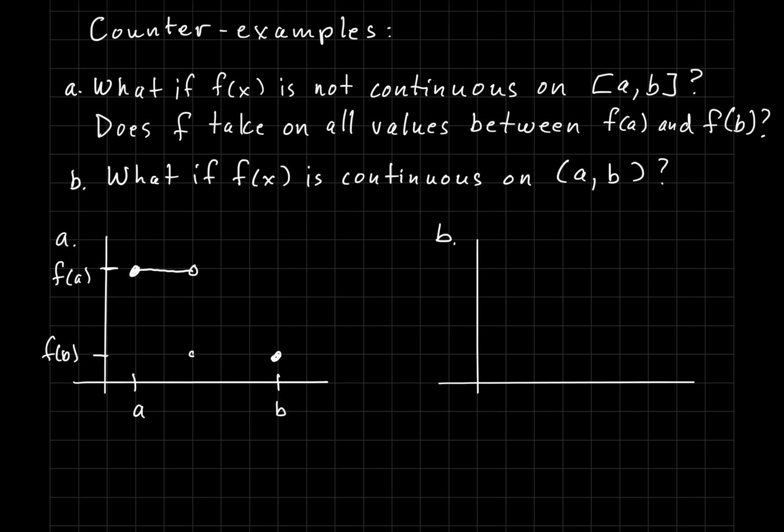Where the function f is not continuous on the closed interval. Does y hit all y values between f of a and f of b? And the answer is no, of course it doesn't. Which is why the function must be continuous on the closed interval a to b.